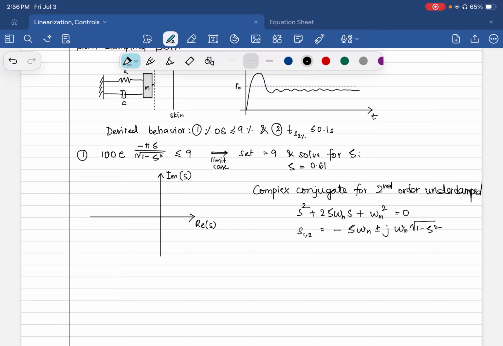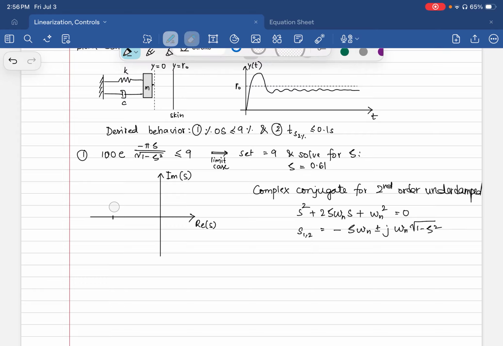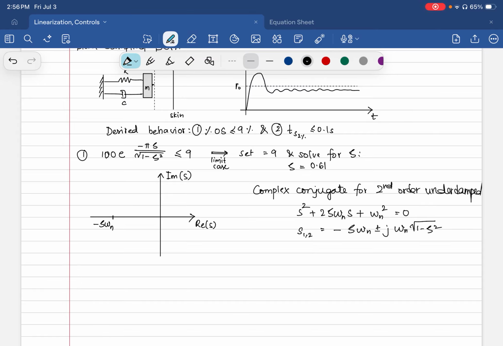So the poles are going to have a real part of minus zeta omega n. So this here is minus zeta omega n, and then it'll have the imaginary part as plus j omega n root over 1 minus zeta square and minus j omega n root over 1 minus zeta square.